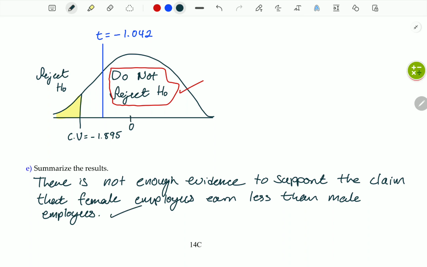And there you go. That is it for number 28.